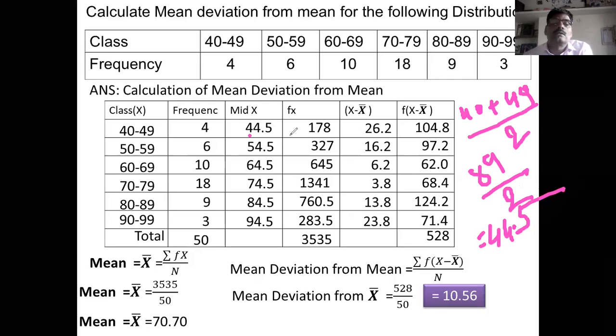The first answer. In the same way, you calculate all the values: the first one, second one, third one, fourth one, fifth, sixth. In this way, you calculate for all the values. Clear? Or any other doubt?